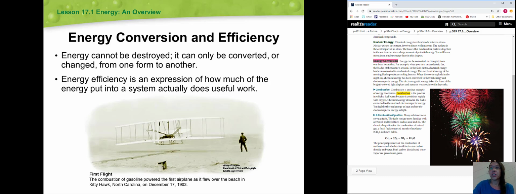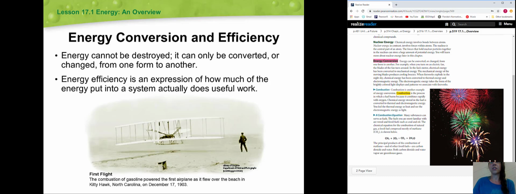We have a combustion equation. Many substances can serve as fuels. The fuels that we are most familiar with are wood and fossil fuels such as coal and oil. The chemical equation for combustion of natural gas, a fossil fuel composed mostly of methane, is shown in our textbook: CH4 + 2 O2 → CO2 + 2 H2O.